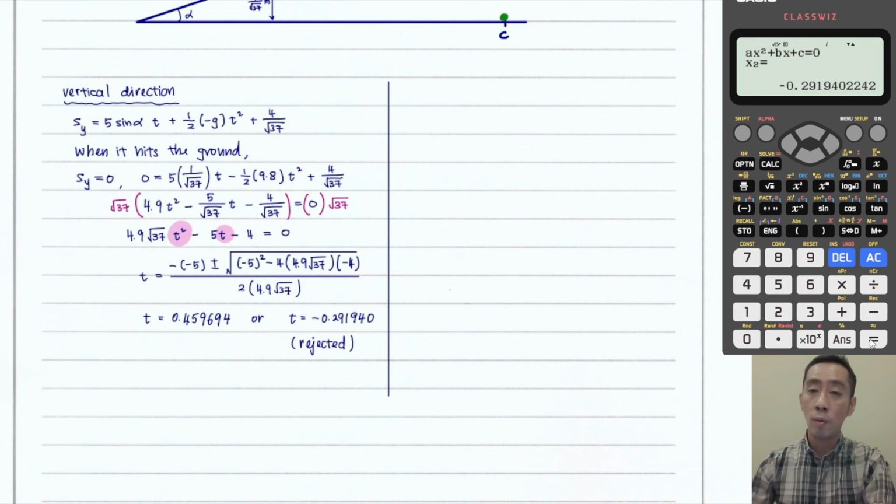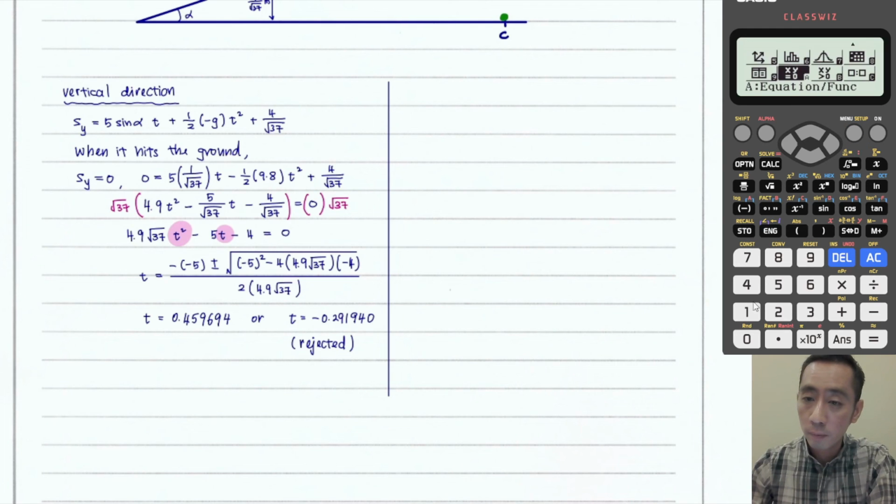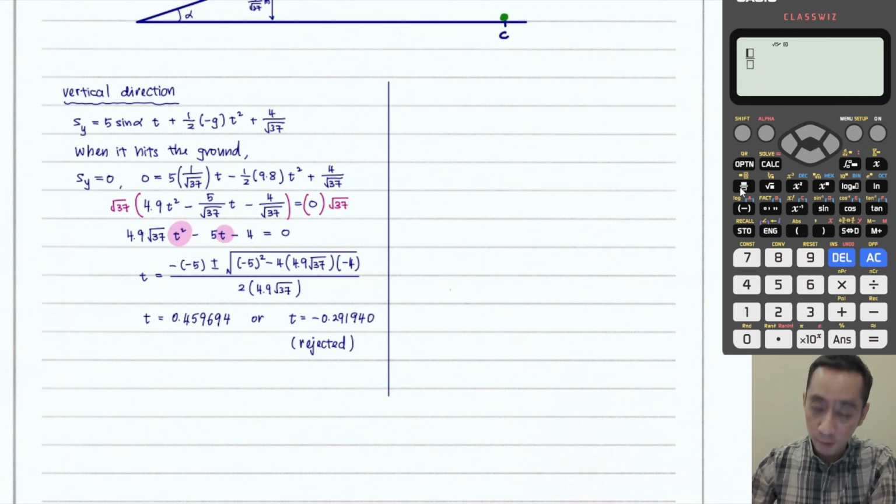Now you can always double check. If I use the quadratic formula, negative of negative 5 plus square root of b squared, so negative 5 squared, minus 4ac.